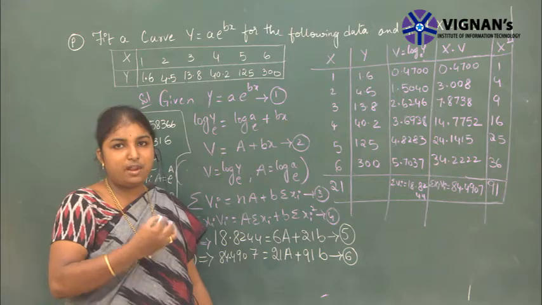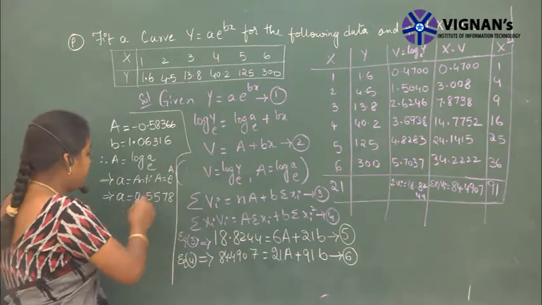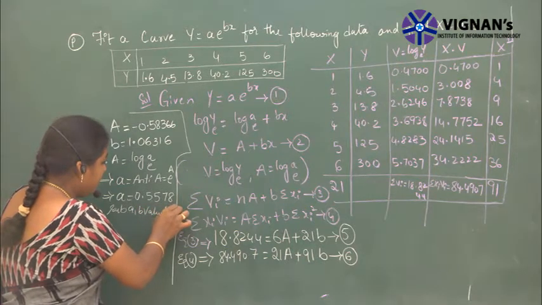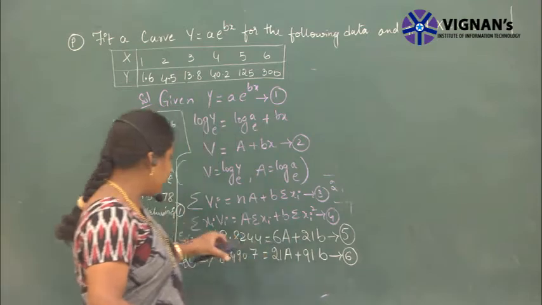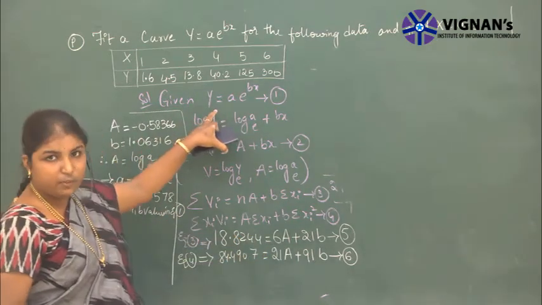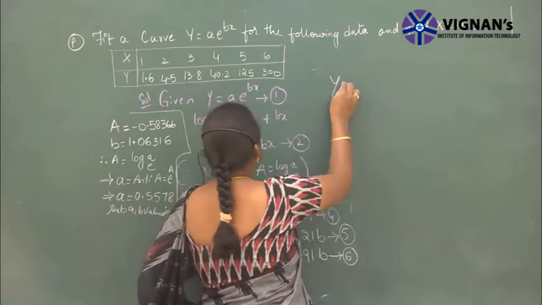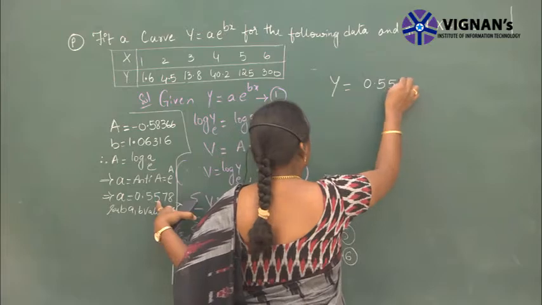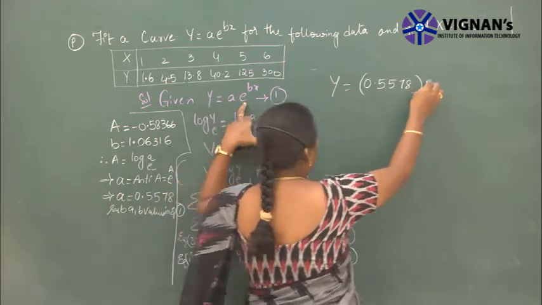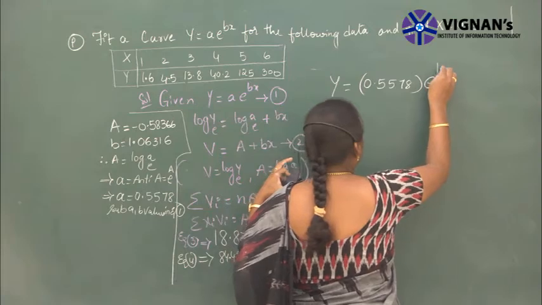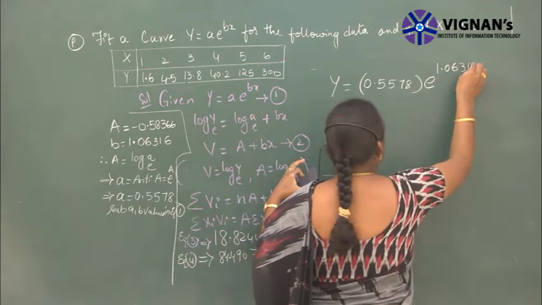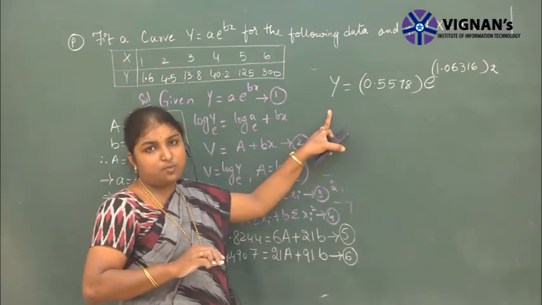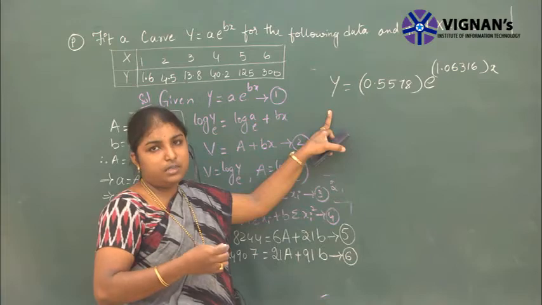These small a, small b values we are substituting in equation 1. Now substituting the values, we get capital Y is equal to a value 0.5578 into e power bx, b is 1.06316 into x, which is known as our exponential curve. We are finding two constant values.